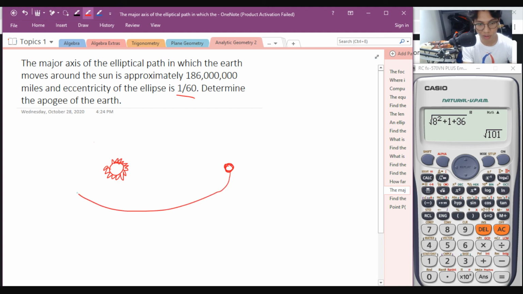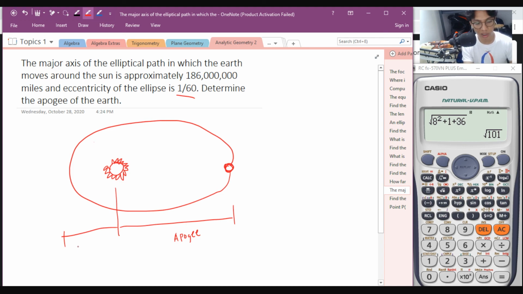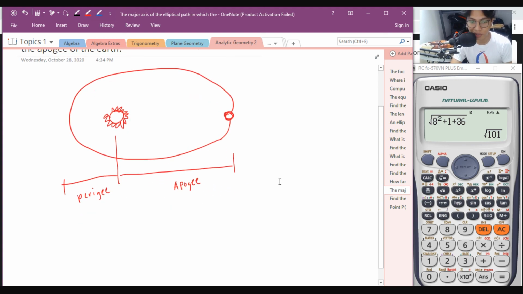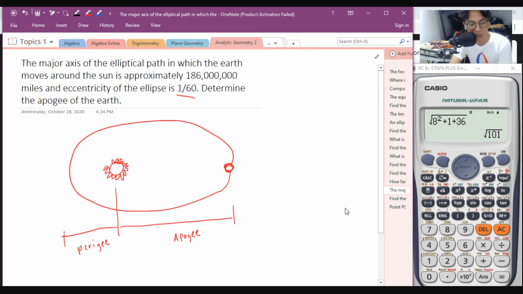Pasensya nyo ng aking drawing, napakapangit. Ayan. Ang tawag dito, the farthest distance, apogee. Yung shortest distance to the Sun, that is perigee. Sir, yan po yung pagkain ng aso. Hindi. Perigee. Pedigree yun eh.